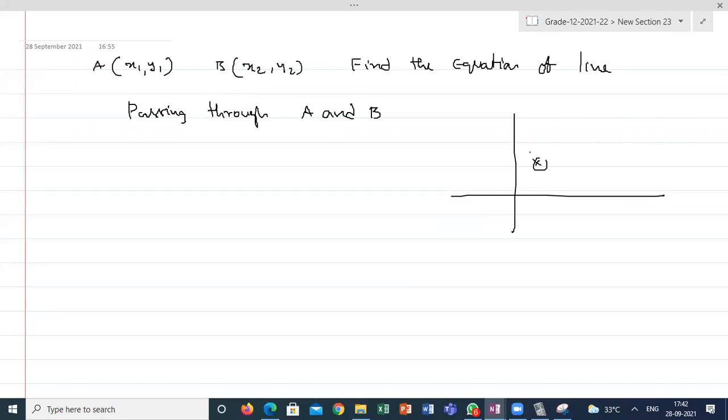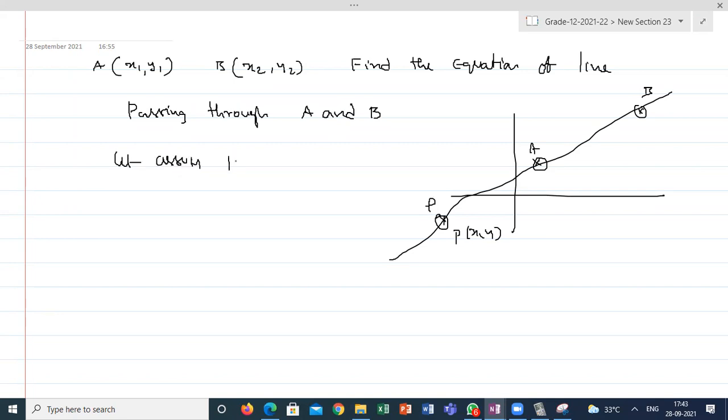Here also same. A is somewhere here, B is somewhere here, and it is passing like this. And P is a point x comma y. I'm taking on the same line. Let us assume P (x, y) is any point on the line.